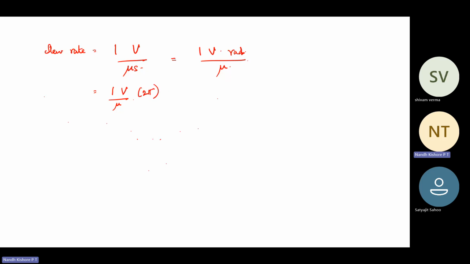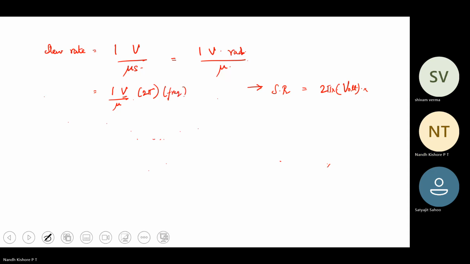So slew rate is equal to 2 pi into volts into frequency, in hertz.